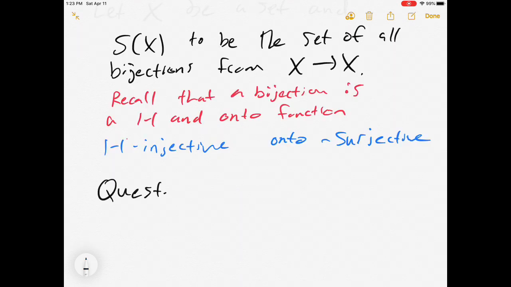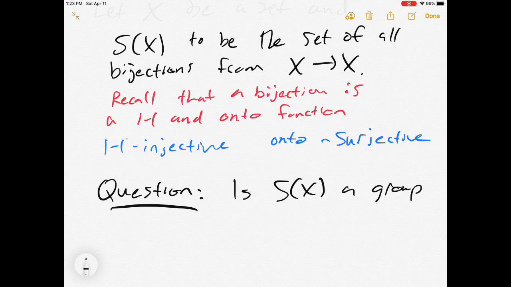Here's a question. Is S of X a group under the operation composition?